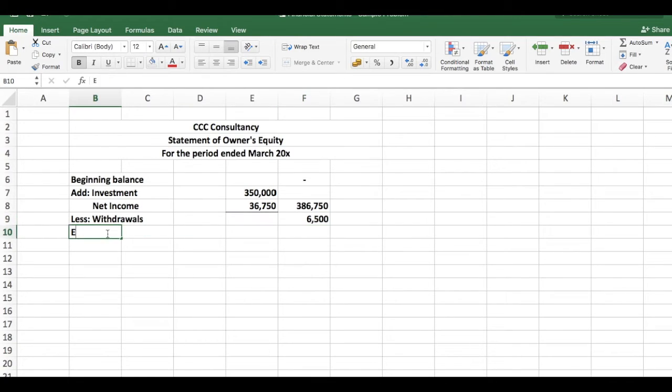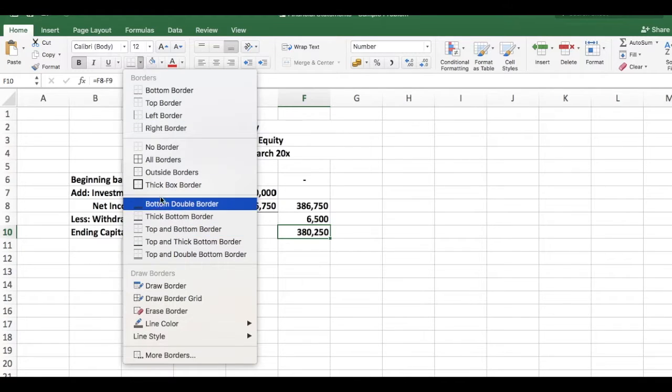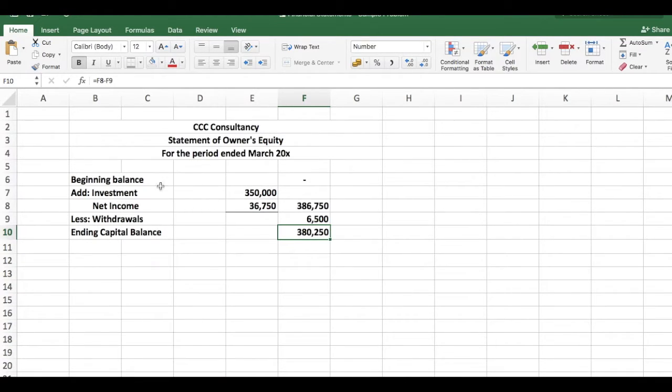So that would be ending balance of capital, ending capital balance. Okay, so that would be 386 minus 6,500. So the ending capital balance would be 380,500. Is that the same with what we have in the worksheet? Yes.